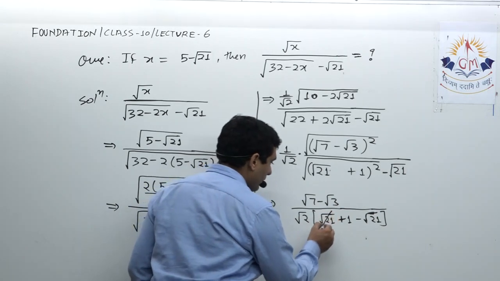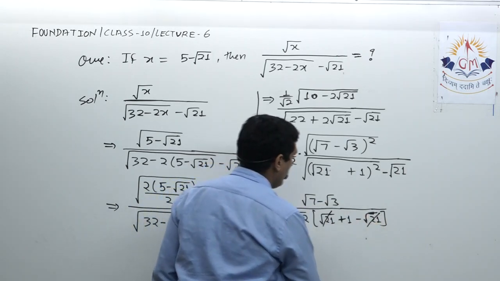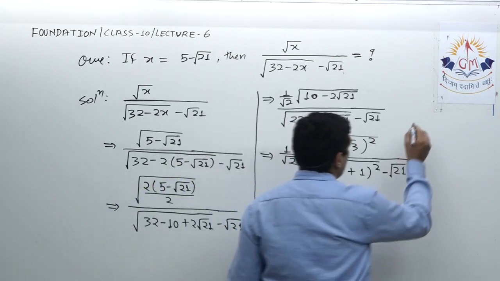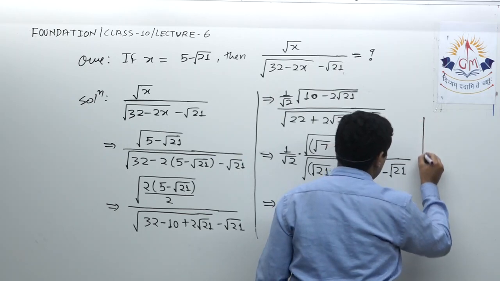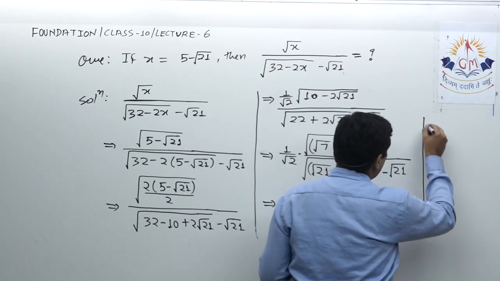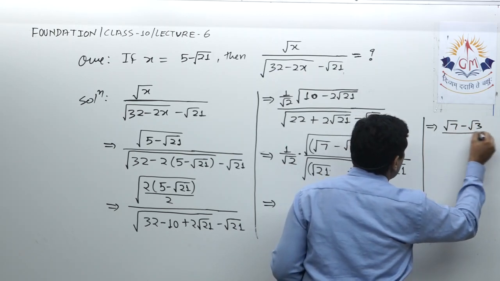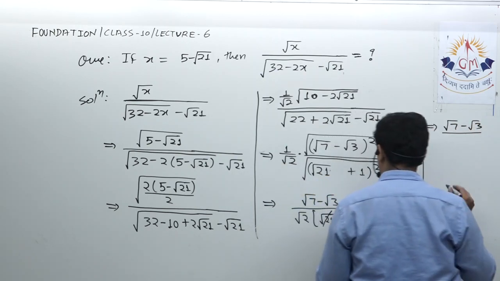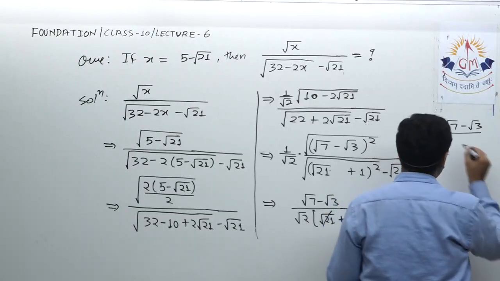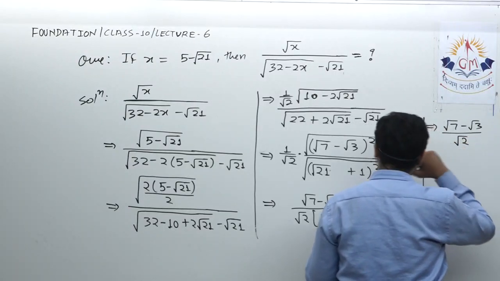Now I can cancel this minus root 21 with this minus root 21. So in the numerator I have root 7 minus root 3, and in the denominator root 2 into 1, that is only root 2.